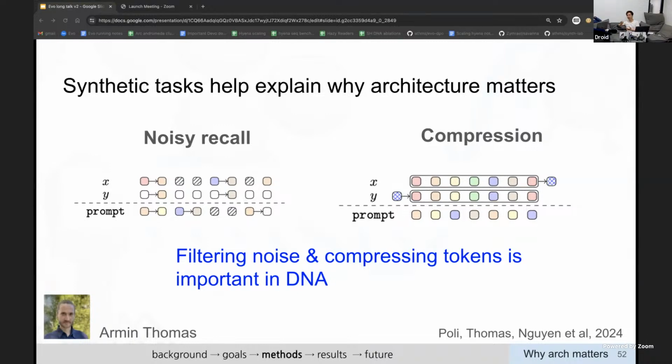In noisy recall, we're basically trying to see how well the model will perform recall, or this task of looking up tokens in context, but we inject noise. In DNA, it's considered to be quite a noisy data distribution. So the hypothesis is that being able to be really good at noisy recall, or just filtering noise, is particularly important in DNA versus language.